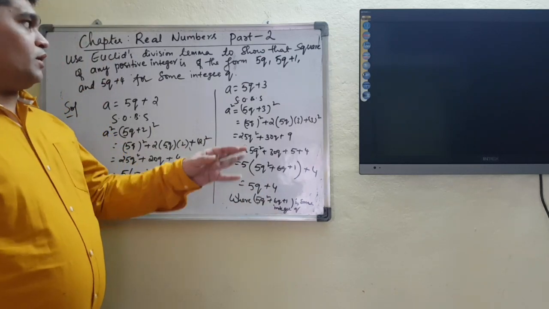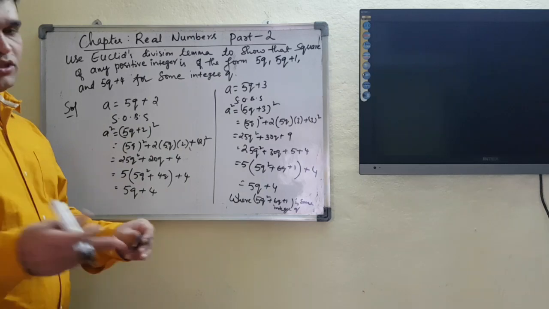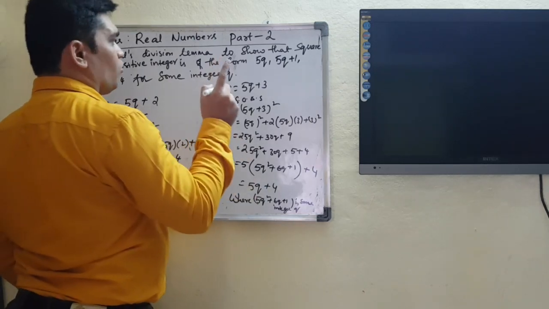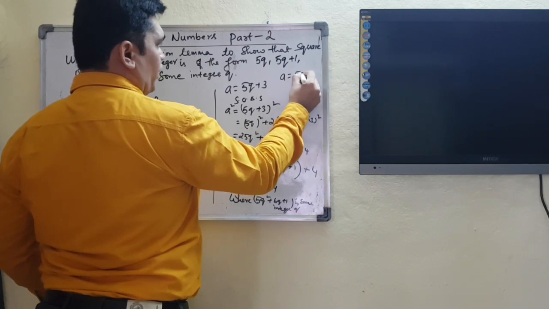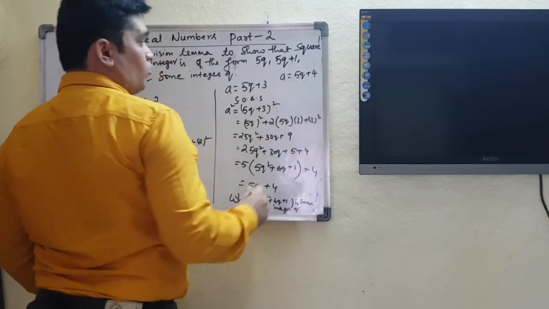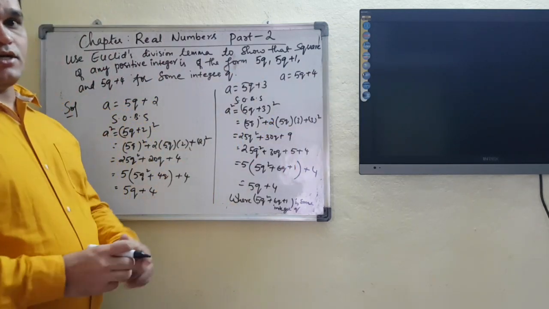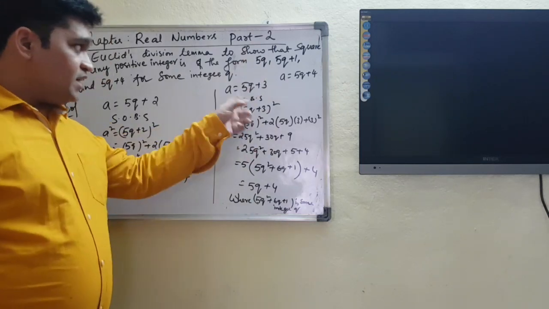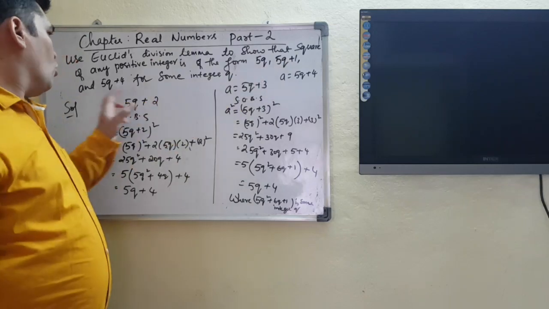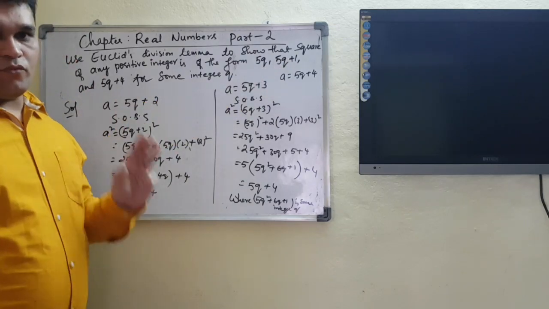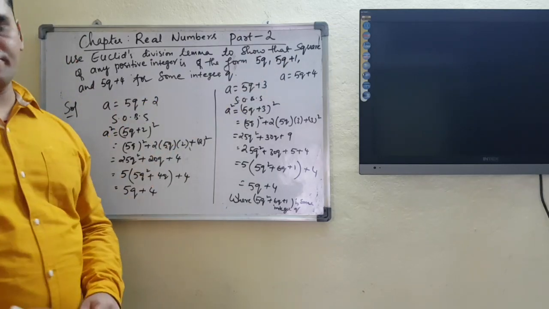So for you people, I am going to leave one more thing. That is, you need to solve yourself a equal to 5q plus 4. Square it out. Check whether you can bring this squaring in the form of either 5q plus 1 or 5q plus 4. Okay, please copy.